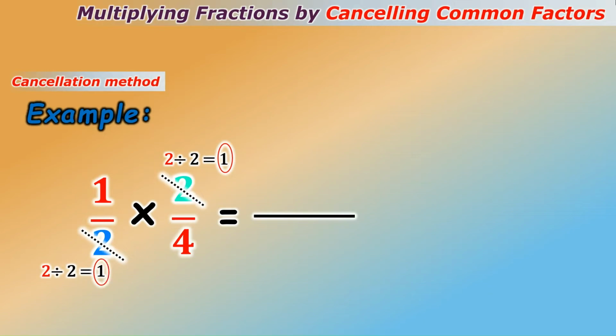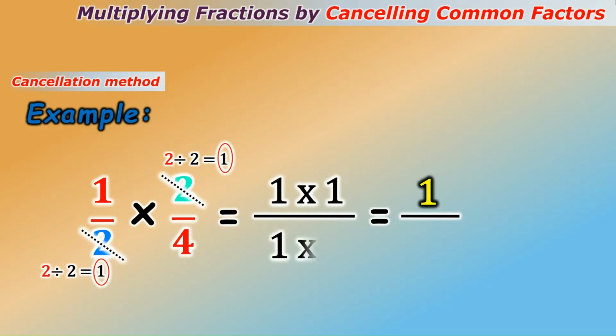The last thing we will do is multiply our remaining numerators and our remaining denominators. 1 times 1 is equal to 1. 1 times 4 is equal to 4. The final answer we have is 1/4. Since the numerator is 1, it is in lowest terms already.